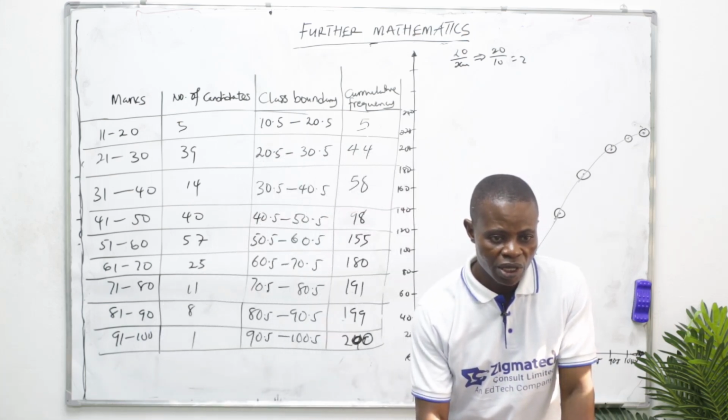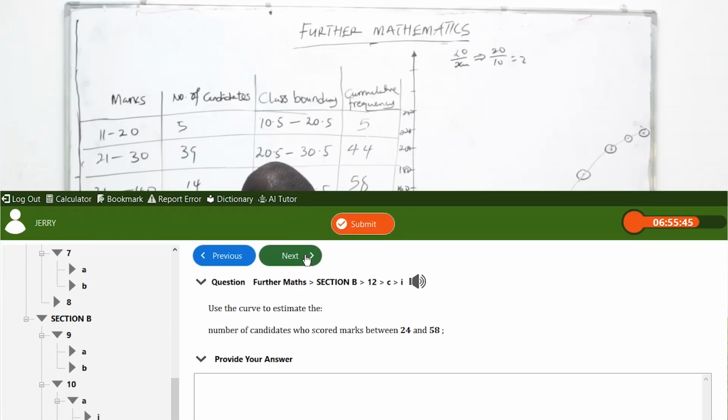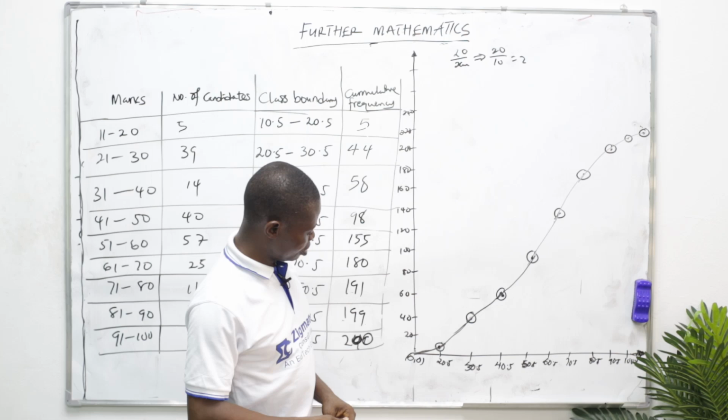for 12B. Let's see the 12C. Use the curve to estimate the number of candidates who scored marks between 24 and 58. So for marks, here represent your percentage.